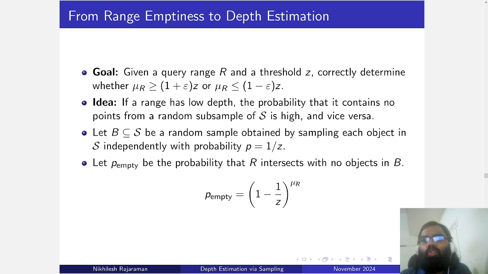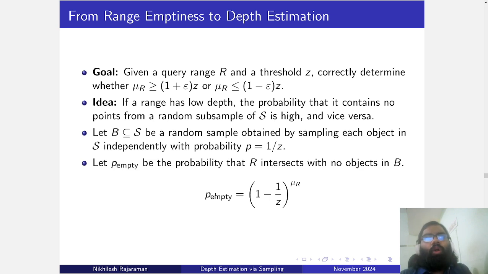When we raise this to the power mu R, as mu R increases, this entire quantity is going to reduce in value. And vice versa, if mu R reduces, the emptiness probability P empty is going to increase. So essentially what we have here is a functional relationship that relates the probability that a range is empty and its depth.